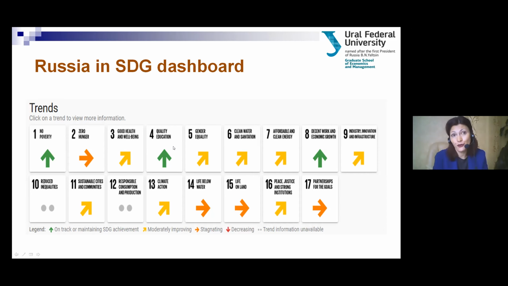And by the way, you might know that according to Forbes ranking, graduates from Ural Federal University are ranked number 4 in Russia, and that's the only university outside Moscow and St. Petersburg.